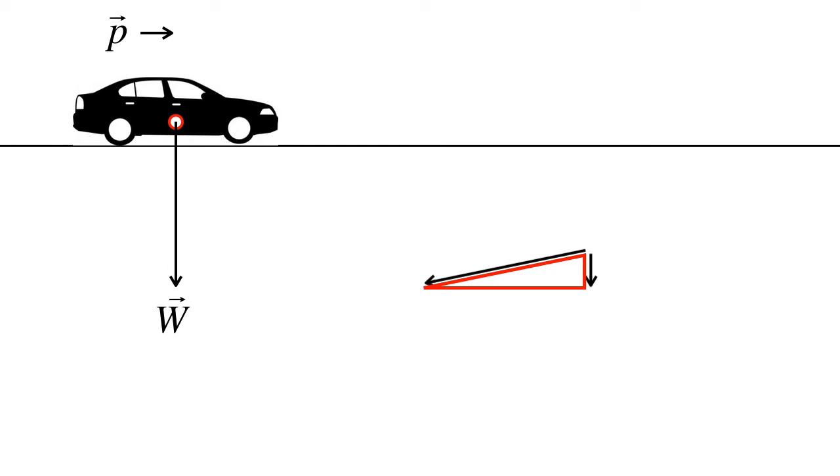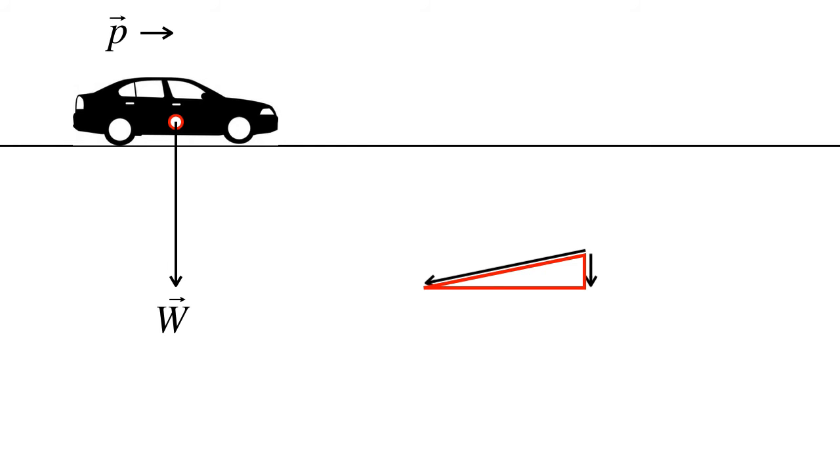And the push vector is downward. Make the tip of the weight vector over here, the arrow, the same level horizontally as the tip of the downward pointing push vector. And that's how you do it.